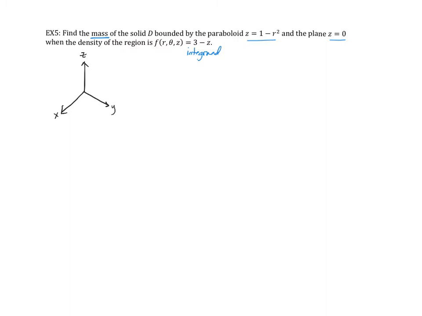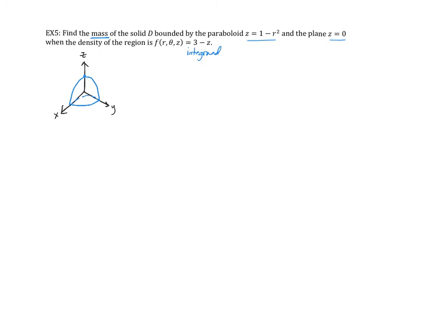And this paraboloid, well, when r is 0, z is 1. And when z is 0, your r value, imagine it coming out on the x and y plane, would be 1. So you get this paraboloid opening downward where the base is a circle.